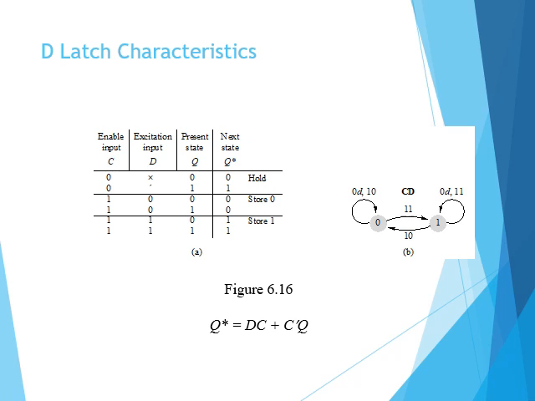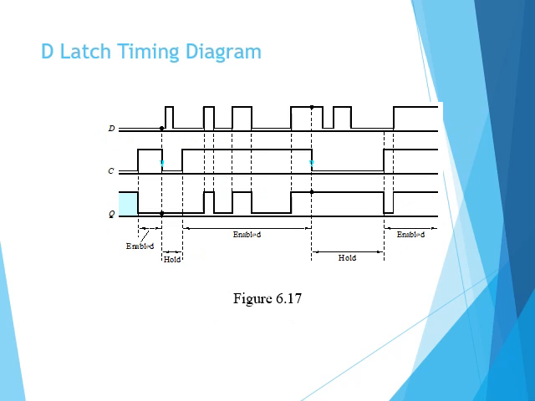After that, the characteristic truth table is shown here. Then we draw the K-map of the truth table, implement and simplify it. Finally, we get the D latch expression: Q next equals DC plus C dash into Q. This is the final expression of the D latch.